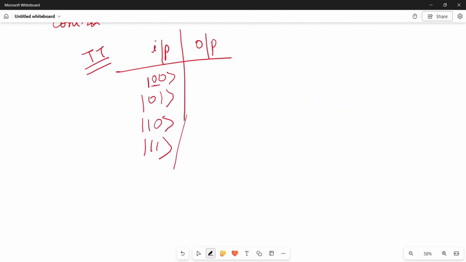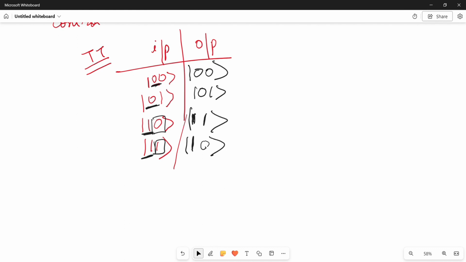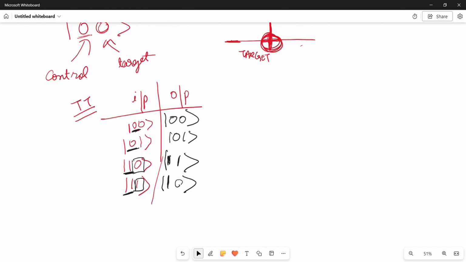Here your control bit is 0, so we don't have to make any changes. Here control bit is 1, so the target would be flipped. Write the control bit as it is, and the target would be flipped: from 0 it becomes 1, and from 1 it becomes 0. So this is how our truth table would look for CNOT.